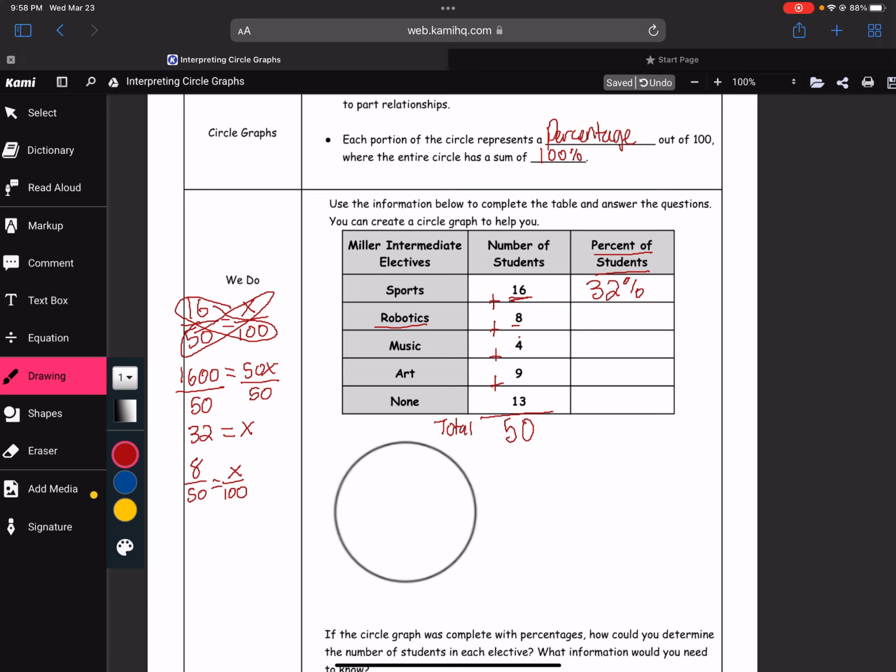So 8 over 50 equals x over 100, and we cross multiply the same way. So we have 50x equals 800. We solve for x, dividing by 50 on both sides, x equals 16. So this will equal 16%.